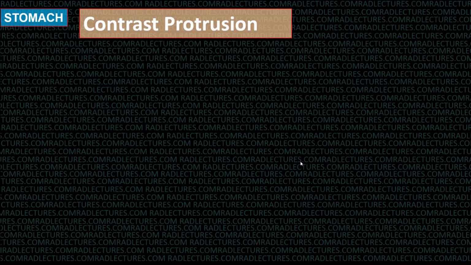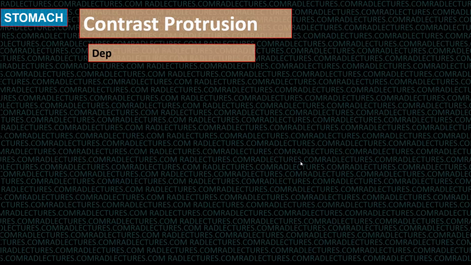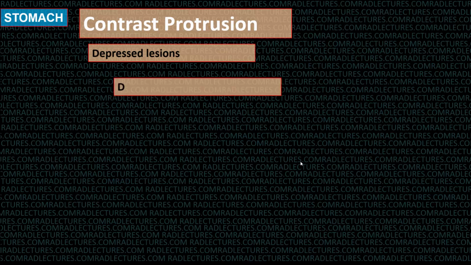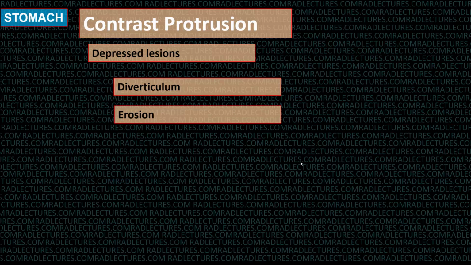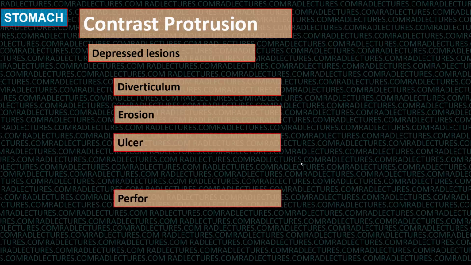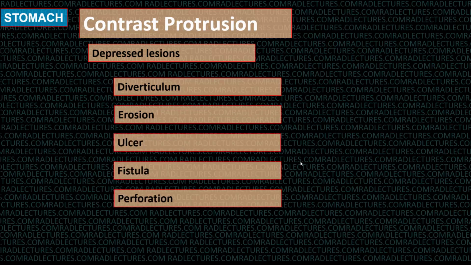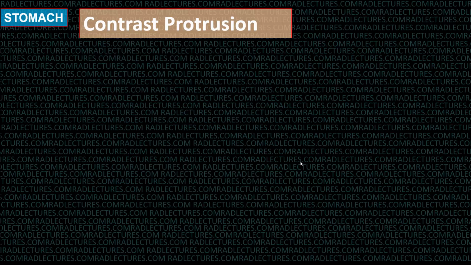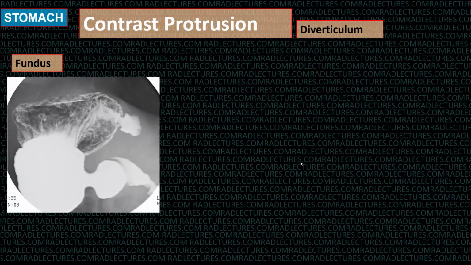Now, coming to contrast protrusions, these are usually depressed lesions. They can be because of diverticula, erosions, ulcers, perforation, and fistulae. So stomach diverticula, the only thing you need to know about stomach diverticula are that they are not uncommon. They are almost always present in the fundus.